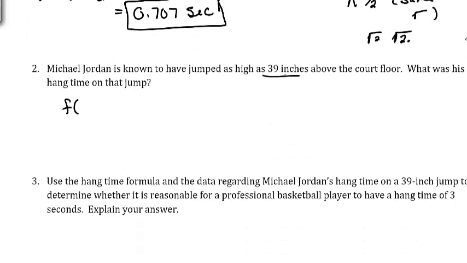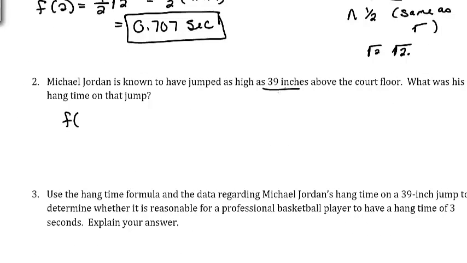So we need to convert this into feet. There are 12 inches in a foot, so take 39 and divide it by 12, and that will give you the number of feet. When we take 39 and divide by 12, we get 3.25.